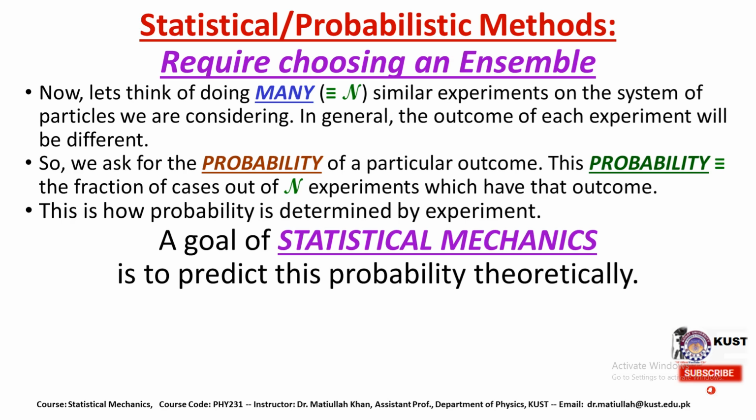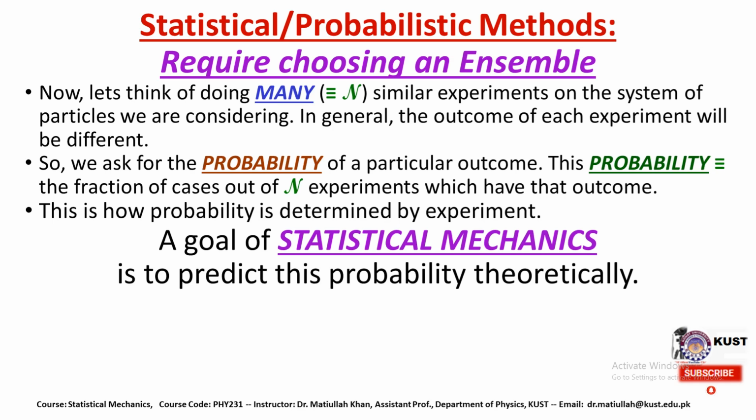In general the outcome of each experiment will be different, and if we ask for the probability of a particular outcome, this probability is the fraction of cases out of an experiment which have that particular outcome. So this is how probability is determined by experiment. That is the goal of statistical mechanics: to predict this probability theoretically.